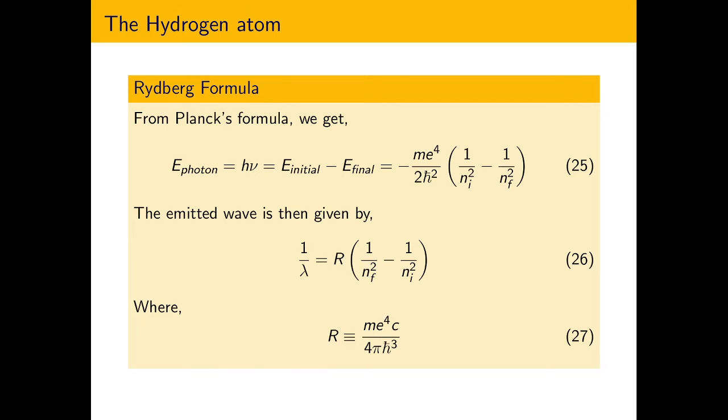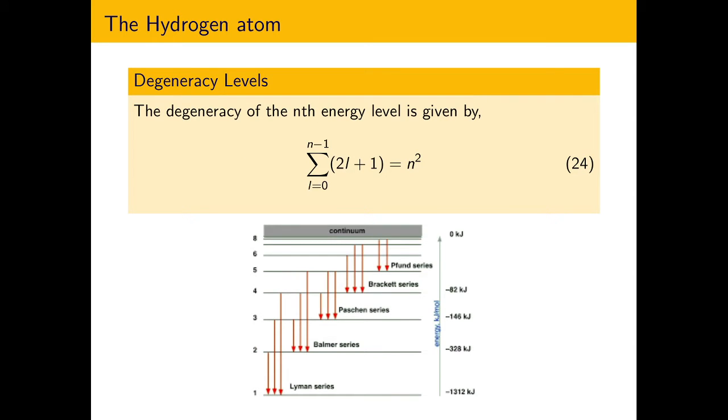Let's see an application of this equation. If we go up to the graph, I think the previous slide has our diagram right here, we can see the entire spectrum of hydrogen. We see what's called the Lyman series, the Balmer series, the Paschen series, and the Brackett and Pfund series.